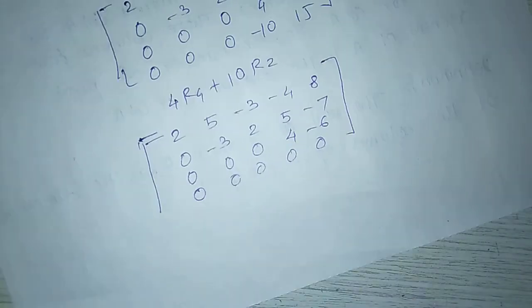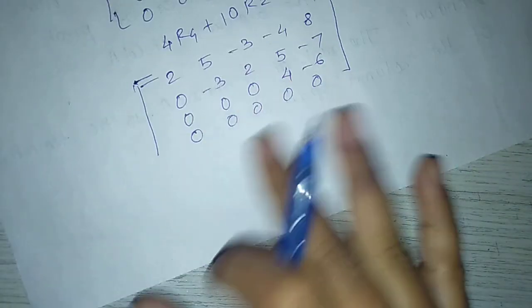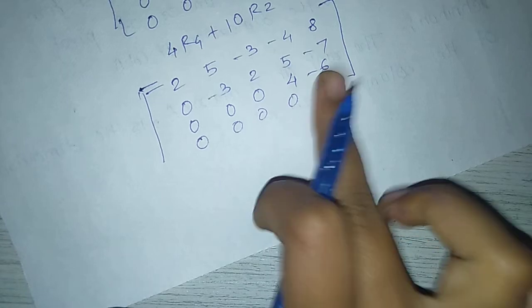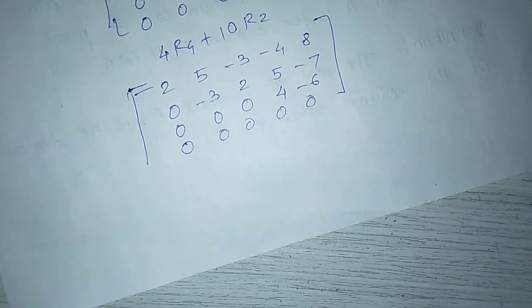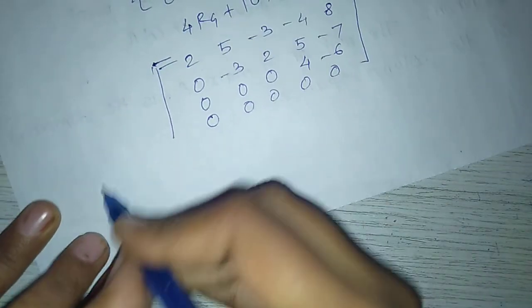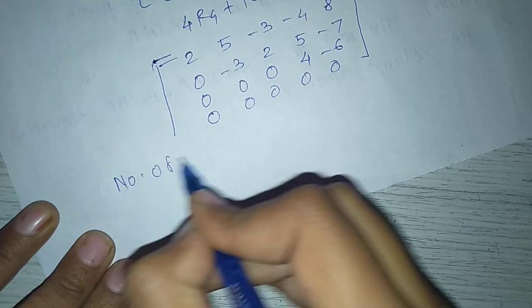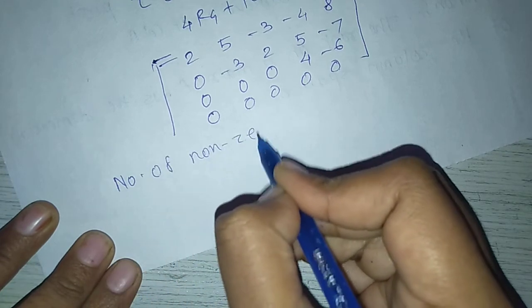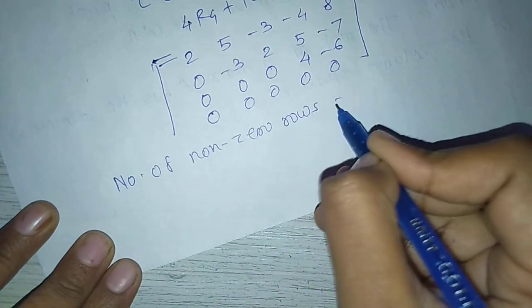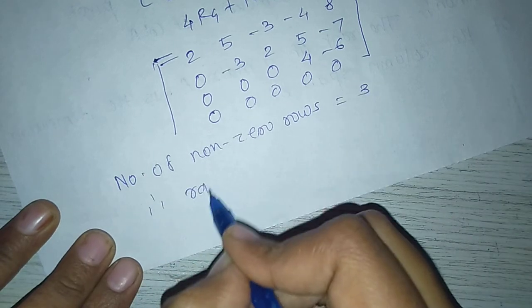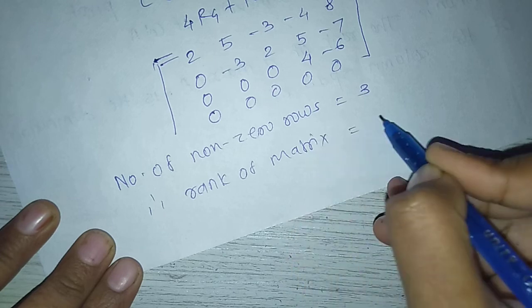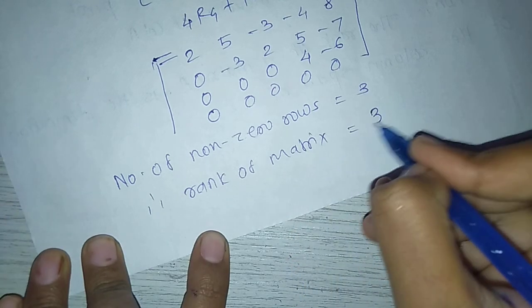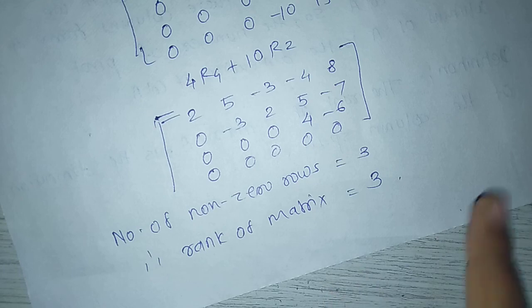Now to check the rank of the matrix, the number of non-zero rows is 3, first row, second row, third row, and the number of non-zero rows is the rank of the matrix. Here the number of non-zero rows equals 3, therefore the rank of the given matrix is 3. Here we stop.